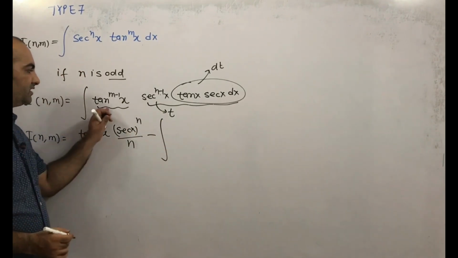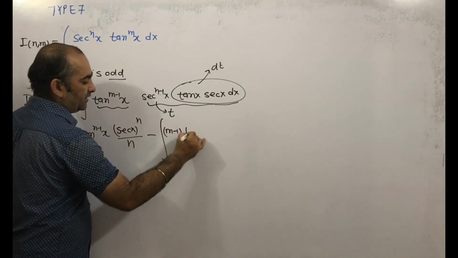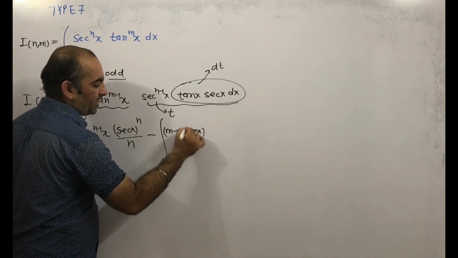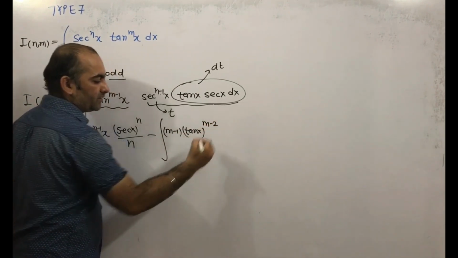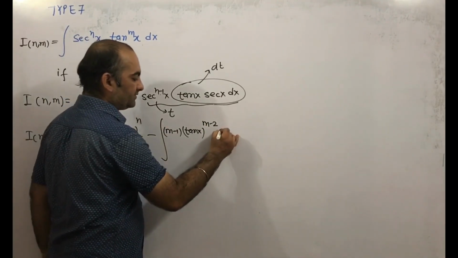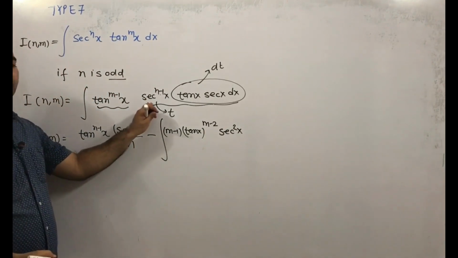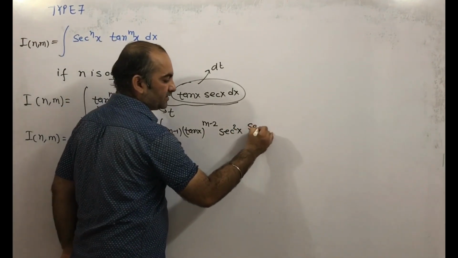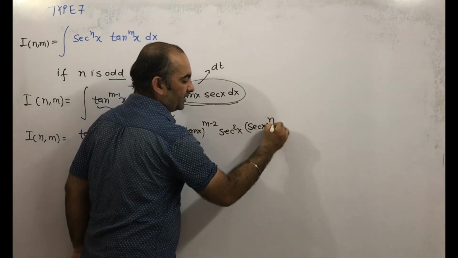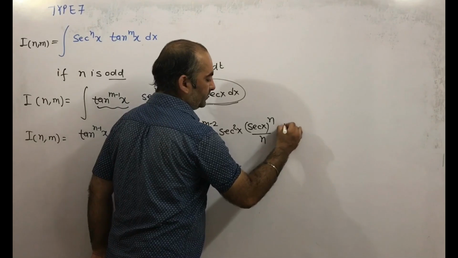Then we differentiate this one: (m-1) into tan^(m-2) x into the derivative of tan x, which is sec^2 x, and the integration of the other part, sec^n x divided by n, into dx.